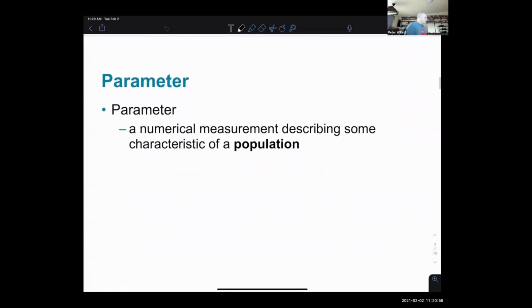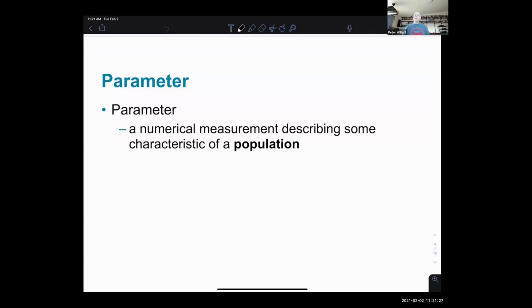Again, using some of this vocabulary to move forward, a parameter is a numerical measurement describing some characteristic of a population. In my ongoing example, if I'm talking about the students at DVC as my population, and I'm thinking about how tall they are, then measuring how tall all the students at DVC are for the entire population, that's a parameter.